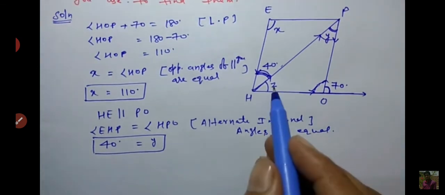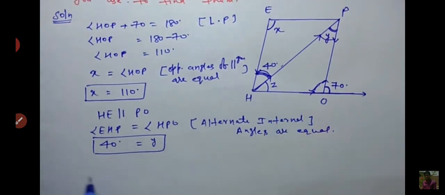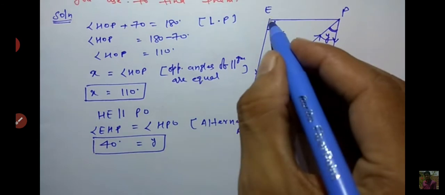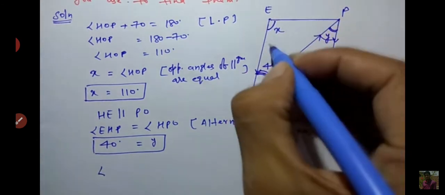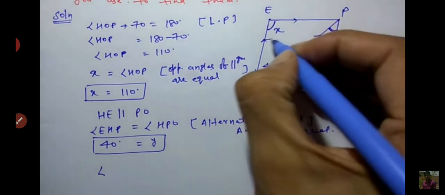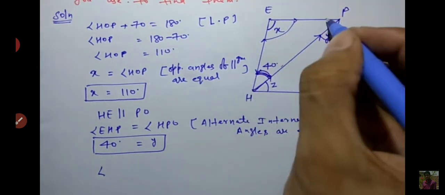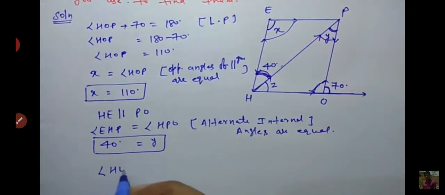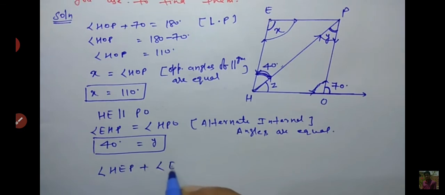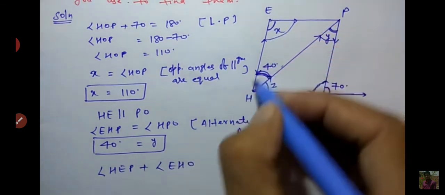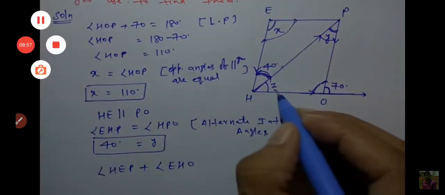Now what about Z? See, X is equal to 110 and angle HPO is equal to 40. So if you want to find this angle, what to do?